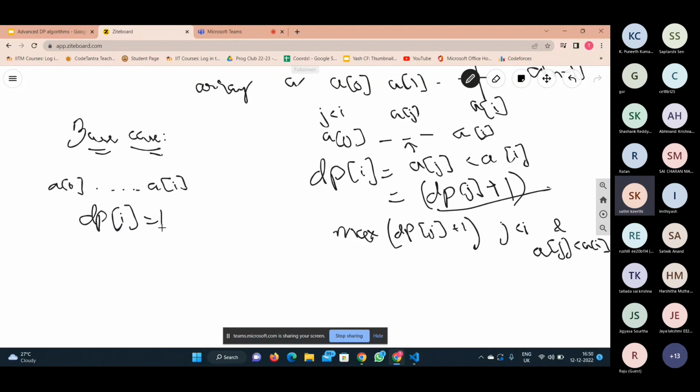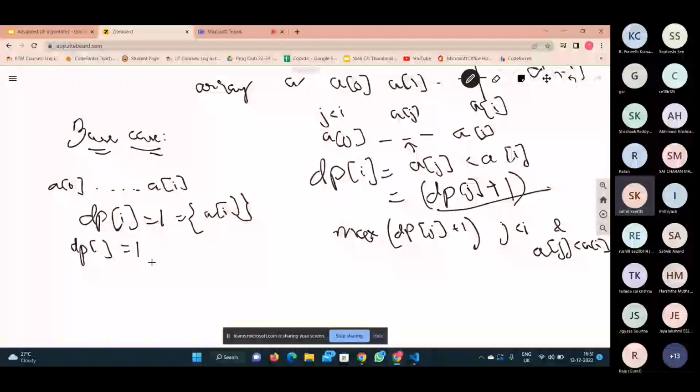It is 1, which is the subsequence of A of I itself. So this is the base case. So we initialize all dp values to 1.